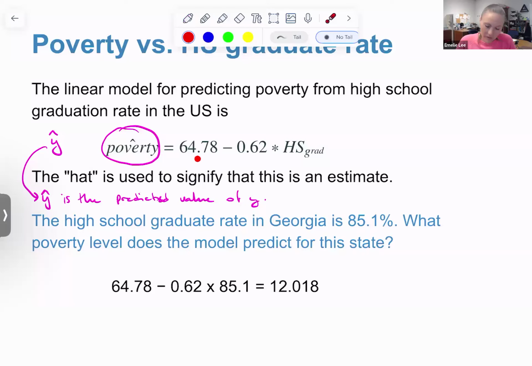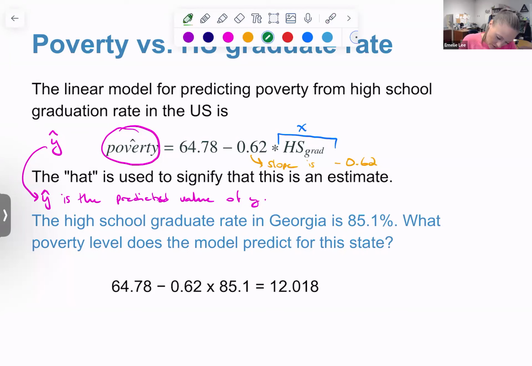So, 64.78 minus 0.62 times the high school grad. Now, the high school grad, we already said, is your x variable. So here, this is your x, and you've got negative 0.62 times x. The slope is negative 0.62 because it's attached to the x.